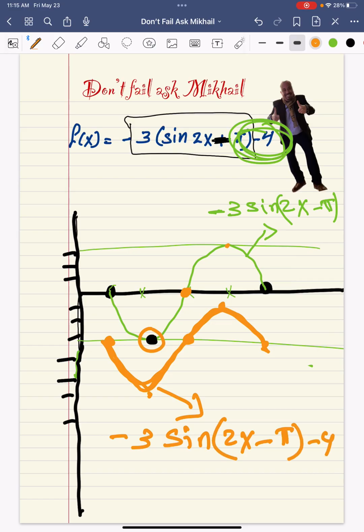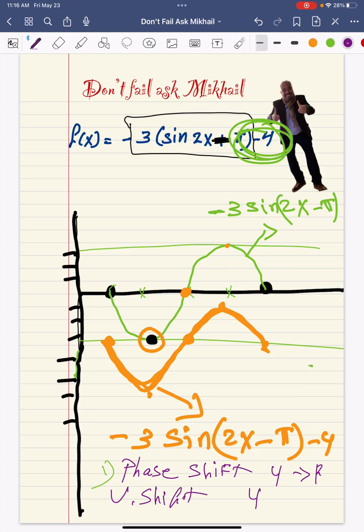minus 4. Such that I have 4 different transformations here. The first transformation is a phase shift of pi to the right. I also have a vertical shift, 4 units down.